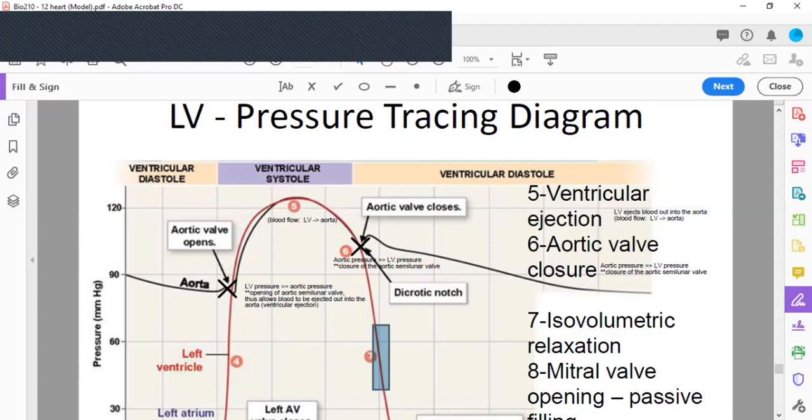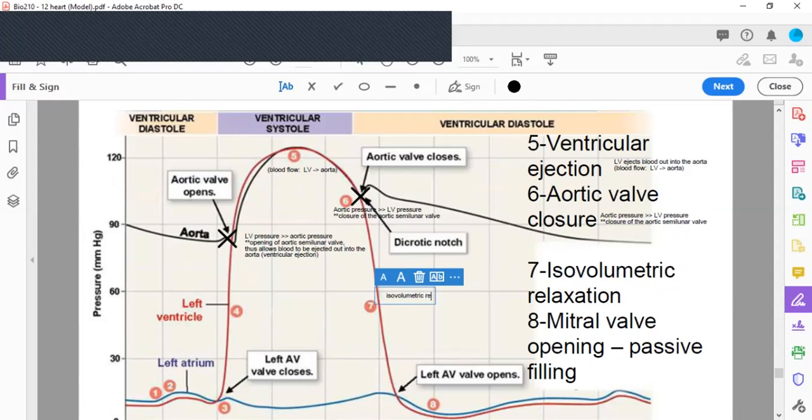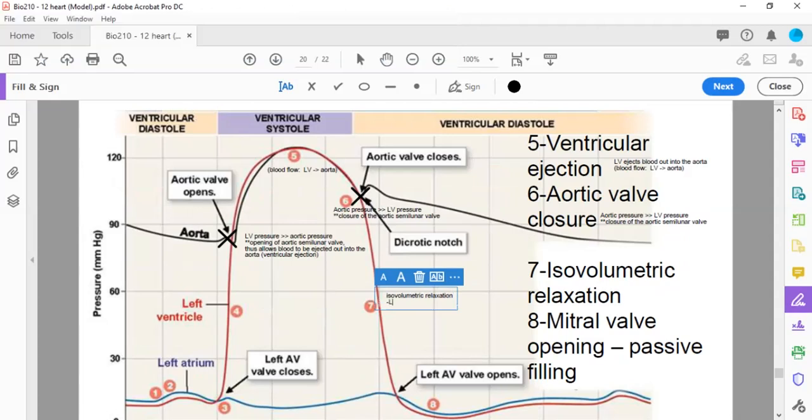So we have what's called isovolumetric relaxation, which means that the pressure in the ventricles gradually drops, but the pressure is not low enough to open the mitral valve.